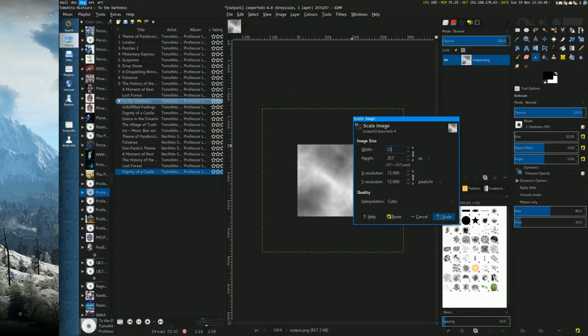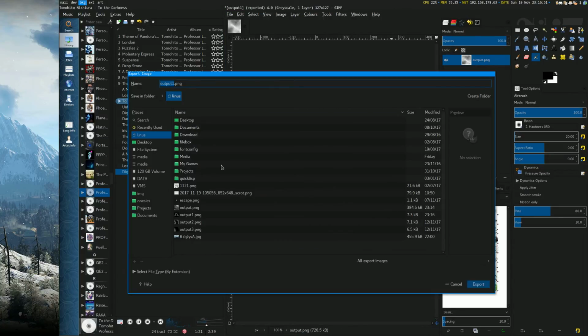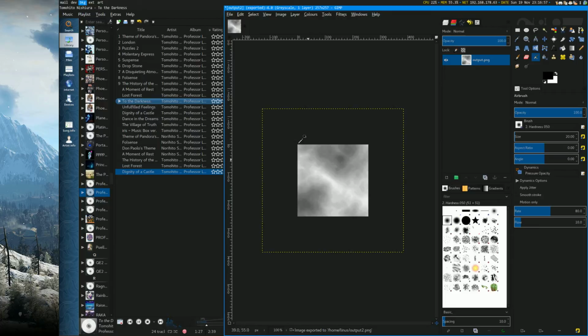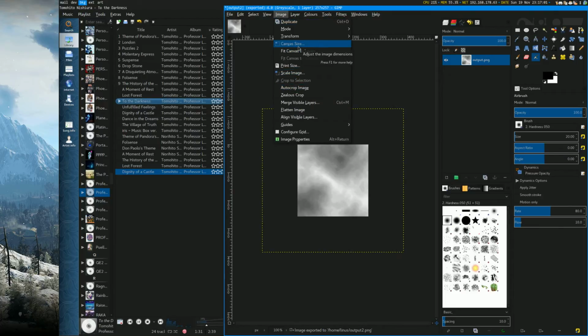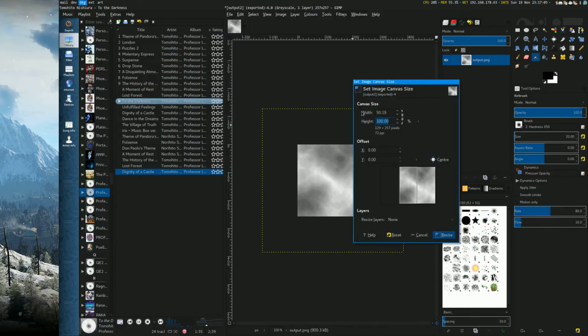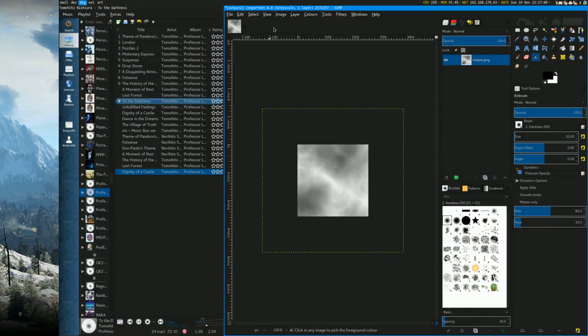Scale it, 127. Camera size 50% again. Nope.